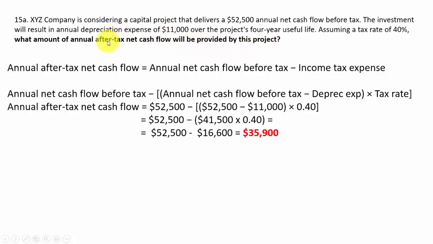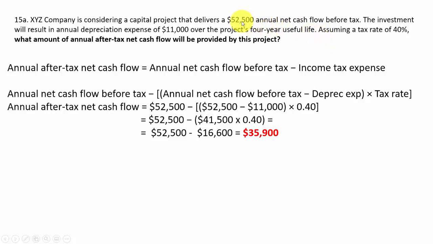They want to know the after-tax net cash flow. They give you the annual before tax cash flow. So to get this annual after-tax cash flow, you're going to need to take the annual net cash flow before taxes, which is $52,500, and subtract off the tax expense. Now, here's something to keep in mind in this problem.